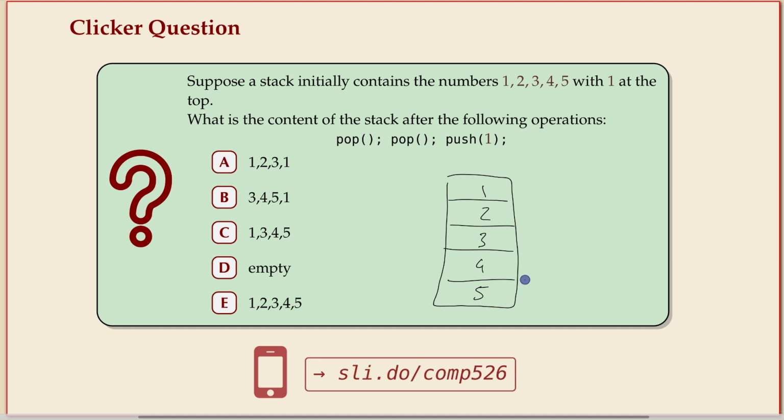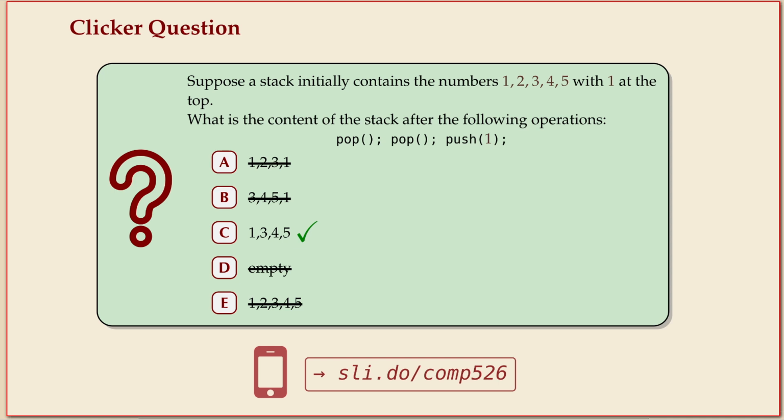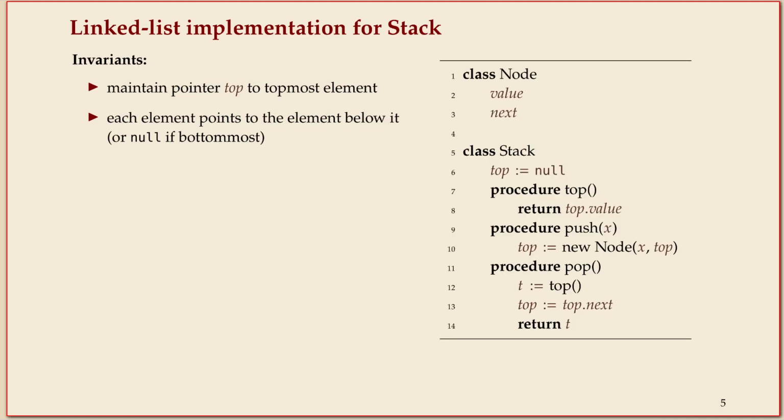So you can still put in your answer, but you may see that the vast majority came down to the same thing. So if we do one pop, then we remove the 1. If we do another pop, we remove the 2. Then if we push 1, again, we put the 1 here. And so in the same convention, like I did it here, reading from top to bottom, we have 1, 3, 4, 5. So that's this one, right? Good. So that's how stacks work.